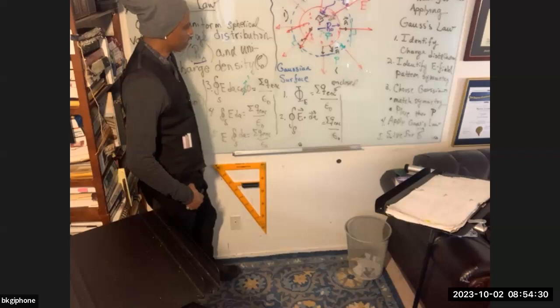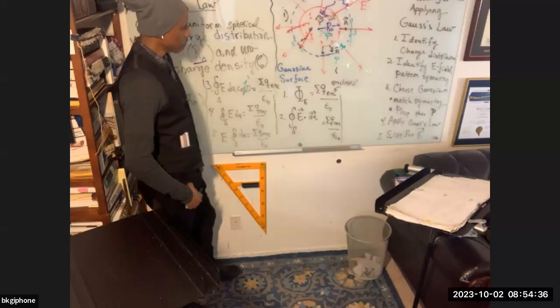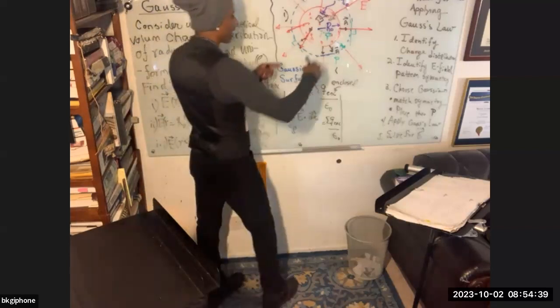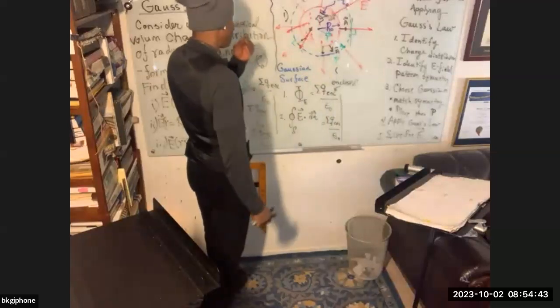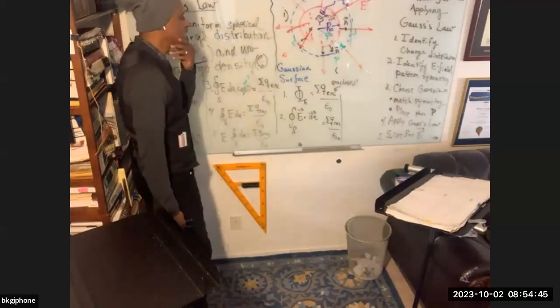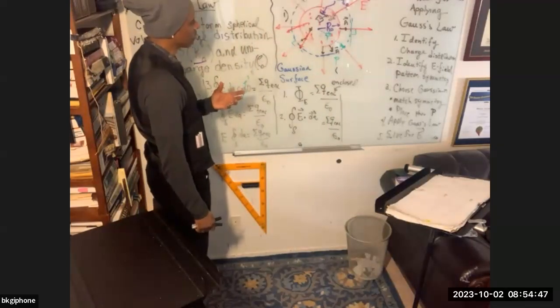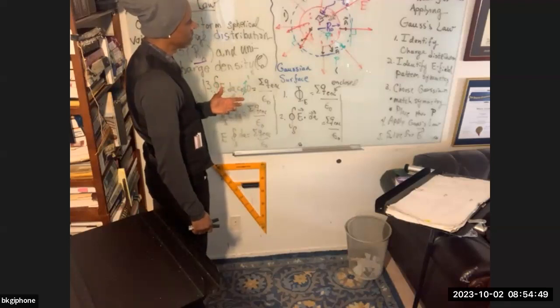Sometimes I start this problem by finding the electric field on the surface, in which case I would have made my Gaussian right on the surface. That's the next problem we're going to do. And somehow I had that in my head. Essentially, I should have been at the Gaussian doing everything that I said.